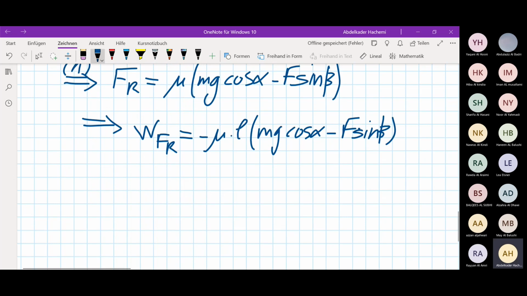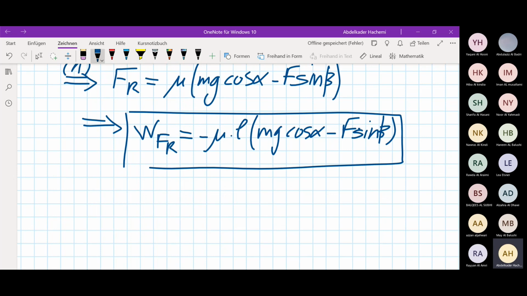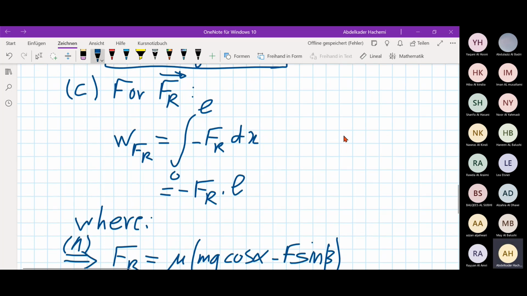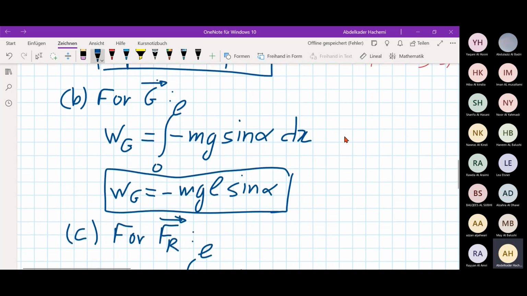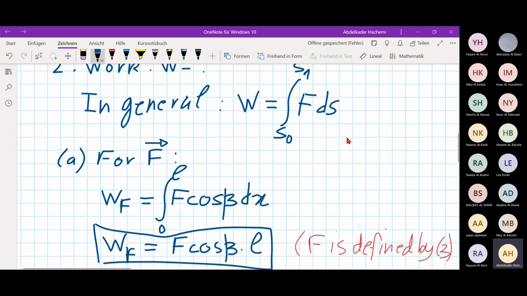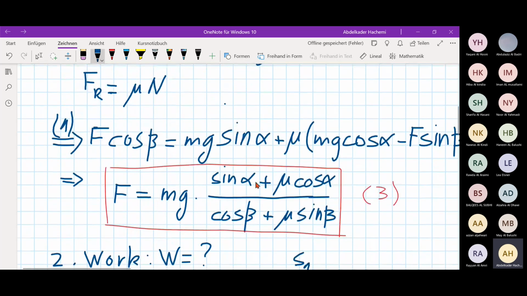And the force F is given in equation 3, so you have only to replace it here to get the value.